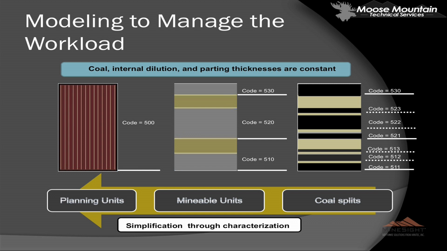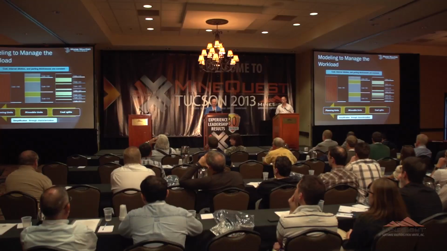Within a ply you may have coal and waste, and those plies would have been a part of about a dozen or so depositional packages over the course of the project. So by doing this characterization and compositing to functional units, we can simplify the amount of work required to plan the project.